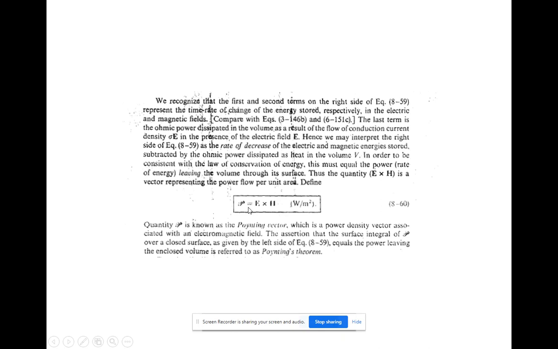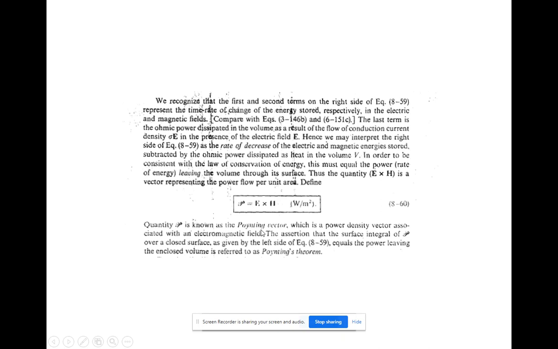So the quantity P, the power flow per unit area, can be represented by E cross H. That quantity we can call a Poynting vector.